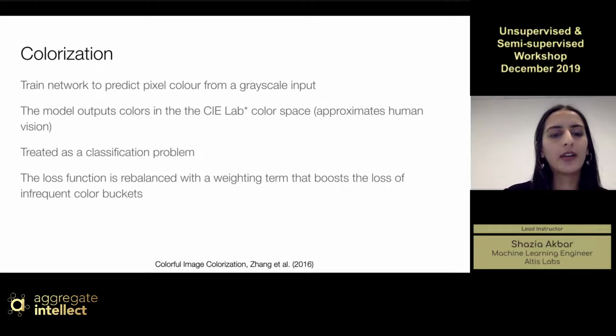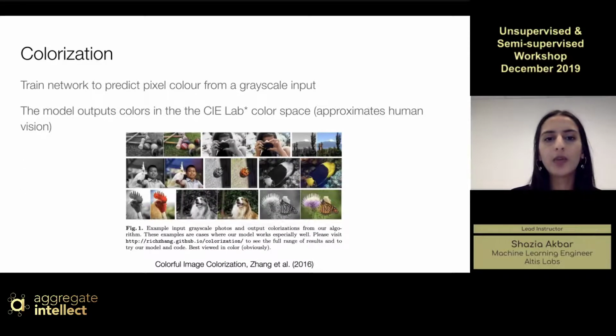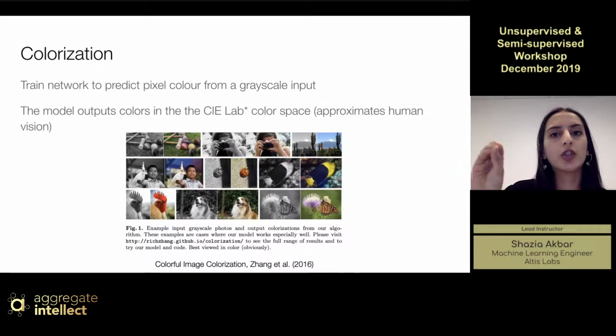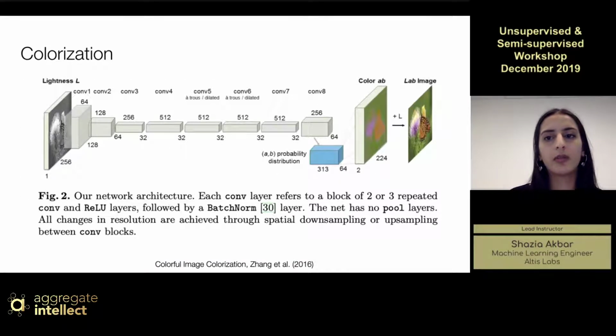So we treat this as a classification problem. We give the L color space, the grayscale component, and the job of the model is to predict the A and the B components. It's defined as a classification task where the job of the model is to classify each individual pixel for the A and B color space. I'm going to show you the model here.